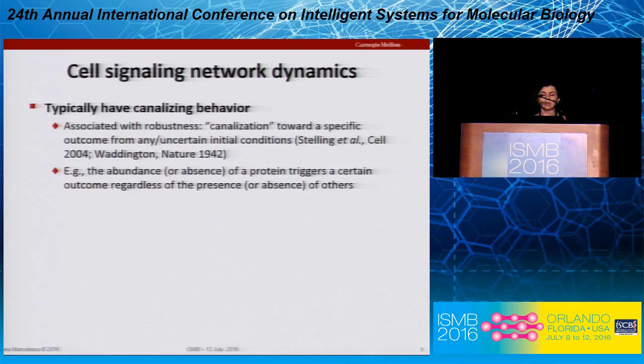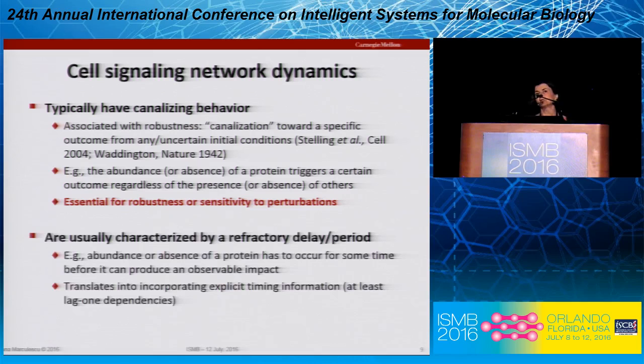And the second one is the fact that many of these mechanisms are characterized by a refractory delay or period, in which case you do have to account for the fact that some of these changes, or the abundance or absence thereof, have to happen for some time before you see any observable impact.